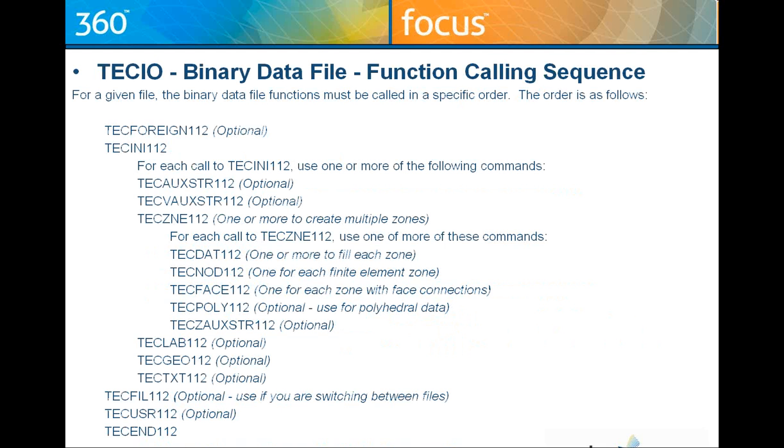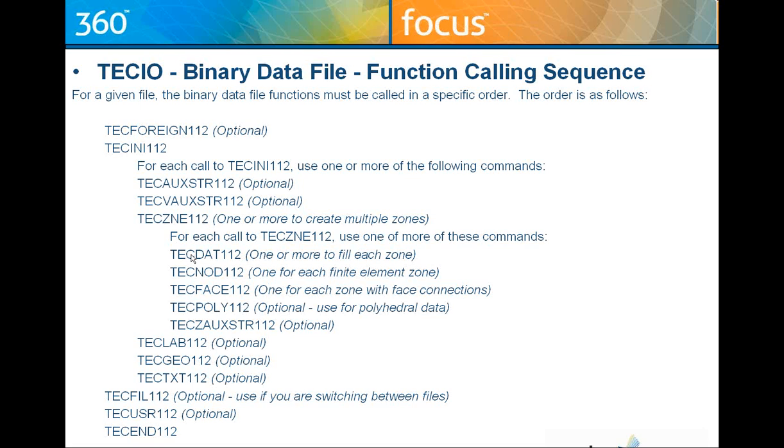A word on the TecIO interface. In the manual you will find this function calling sequence. I recommend to take a look at this sequence, because when you take a look at it you will find some logical structure behind it. So what do you have to do for each zone, for example?